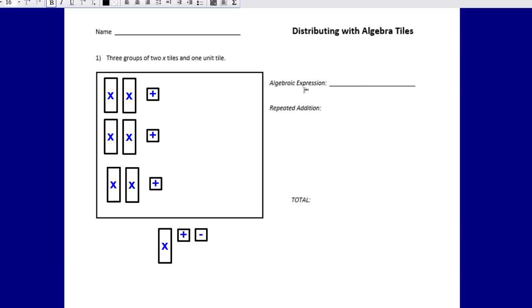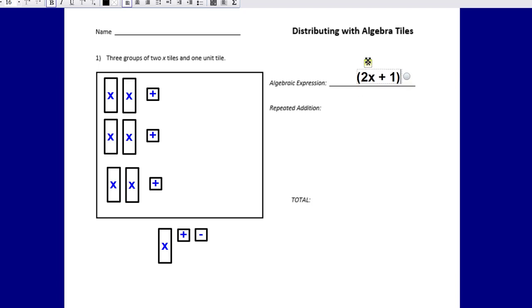Now we can write this as an algebraic expression. If you'll remember when we talked about order of operations and parentheses, I said parentheses is a type of grouping symbol. So we're going to be using the parentheses here to represent groups. In our group, we want 2 X tiles and 1 unit tile. So parentheses, 2 X's, and it is a positive unit tile.